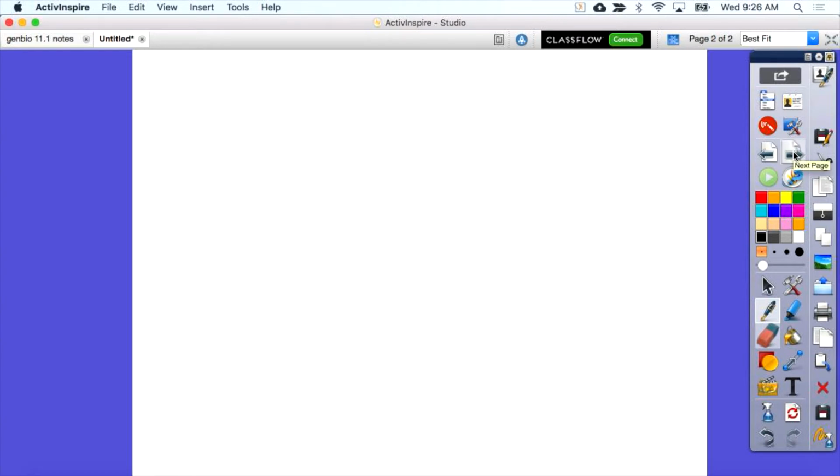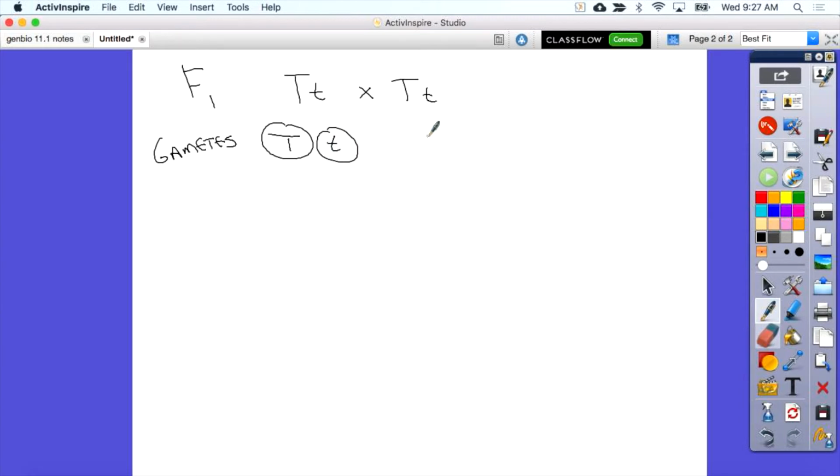So looking at another scenario, if we take that first generation of hybrid pea plants that are big T, little t, and we cross that one with another of the same genotype, hybrid, heterozygous, big T, little t, now I want to separate the gametes, and in this case we have from this parent one uppercase or big T, and one little t, and the same thing with the second parent.